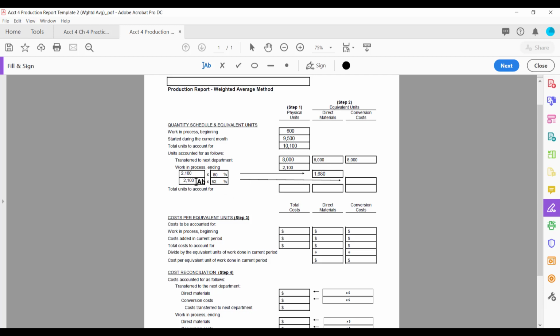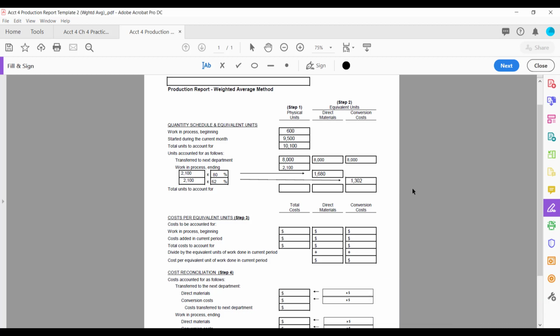And we're going to do the same with conversion costs. Those 2,100 units in ending work in process were 62% complete with respect to conversion costs. 2,100 times 62% should give us 1,302 equivalent units of production in ending inventory.